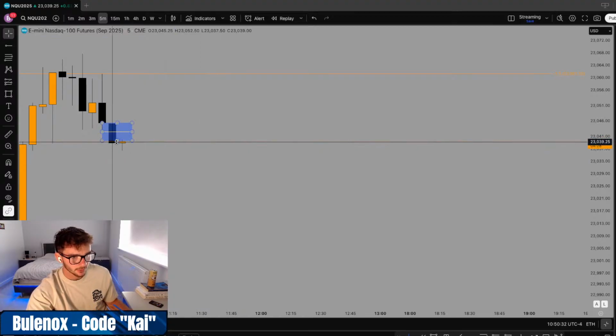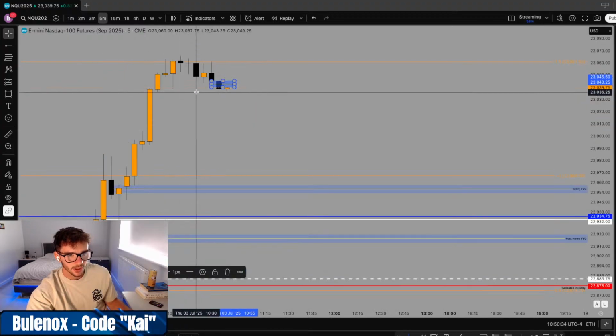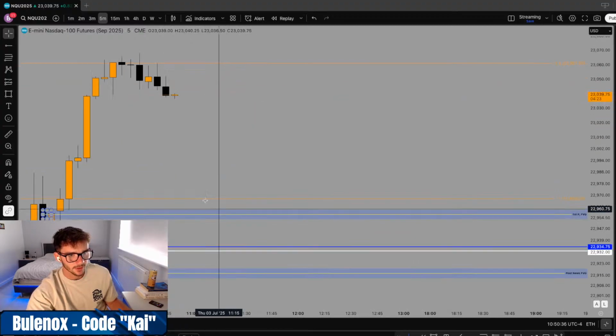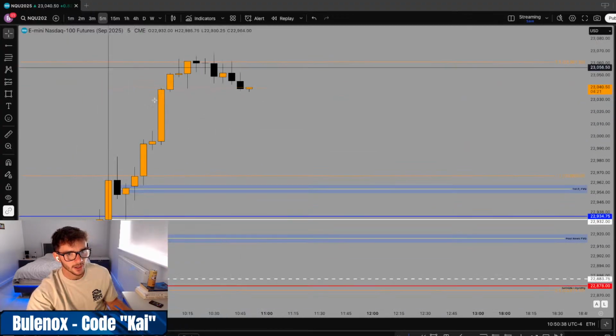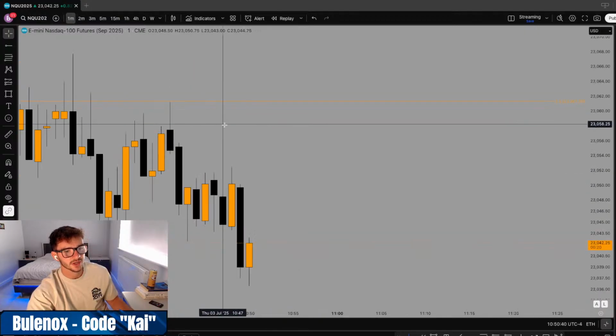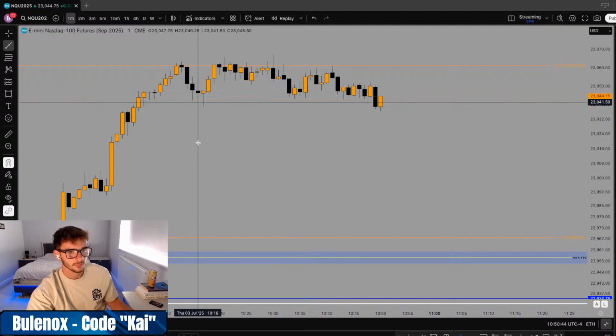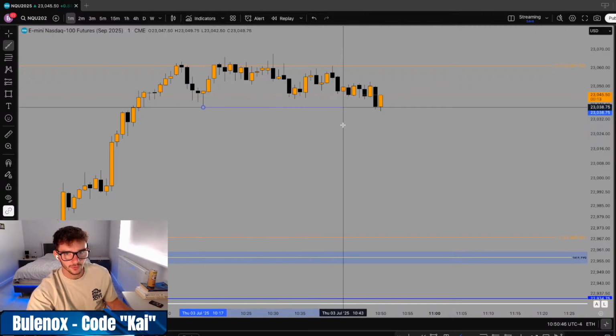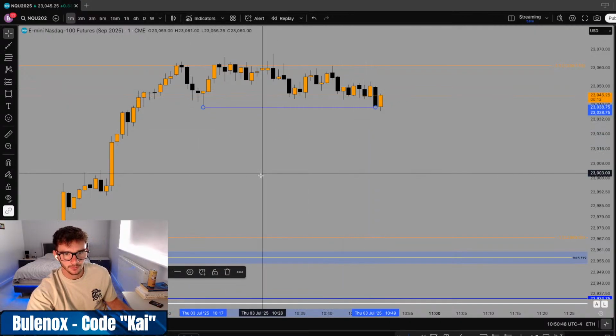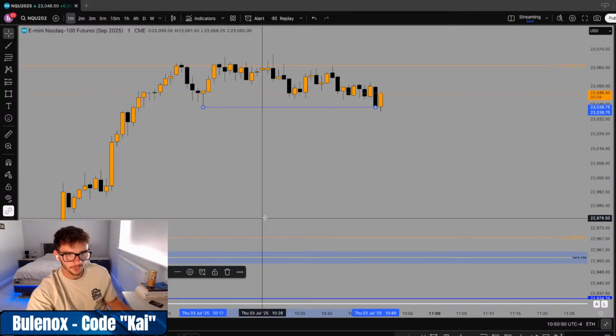Yeah, 1050 macro as well. Good point. But again, this is what I'm saying about these market structure shifts when we're at all-time highs. I can almost guarantee this is just a liquidity sweep. Especially since it didn't really do it with much force or displacement, that's just a liquidity sweep, in my opinion, before continuing higher.